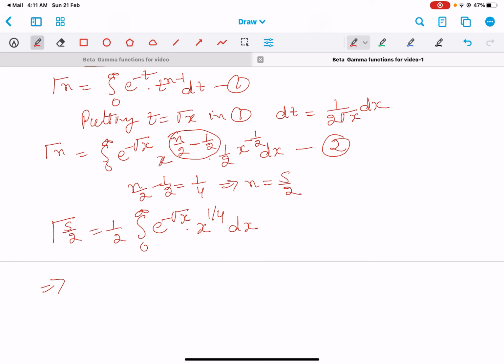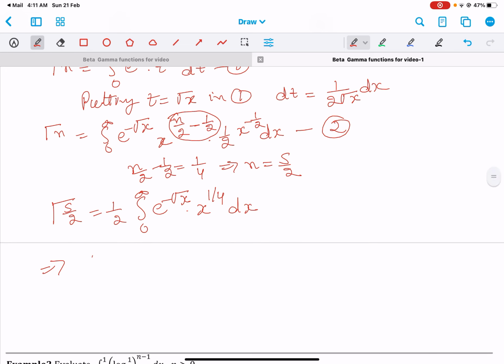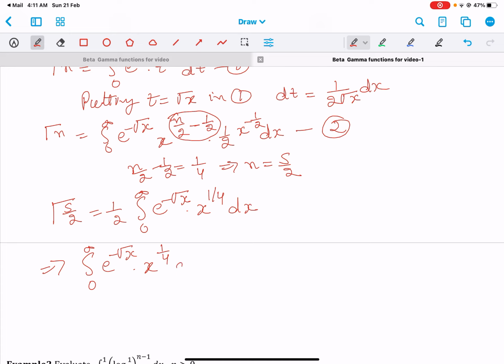And this implies that integral 0 to infinity e to the power minus root x into x to the power 1 by 4 dx is nothing but 2 gamma 5 by 2, which may be written as 2 into 3 by 2 into 1 by 2 gamma half, which is 3 root pi by 2.